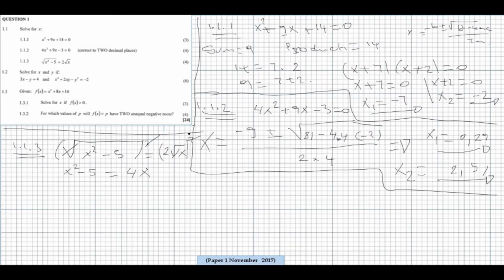So that square is applied to both 2 and square root of x. So next I'm gonna bring 4x to the left, so that I'm gonna have a standard form of a quadratic expression. So I'm gonna have x squared minus 4x minus 5, so that is equal to 0.